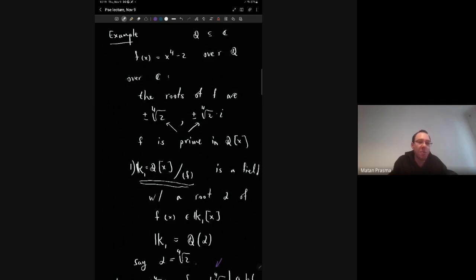If it splits completely, you stop. If it doesn't, you keep doing it. So it doesn't matter; you don't need to know the roots in advance to know that this construction eventually terminates in a splitting field of the polynomial. This is just to be a bit more concrete. I wrote the roots in advance.